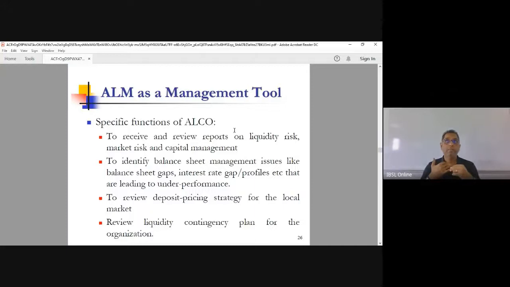So for example, review liquidity contingencies. Now here, this is not about talking purely about liquidity risk. This is about contingency plans. Meaning, in the case of a stress situation to the bank, how comfortable are we that we have a very good contingency plan?